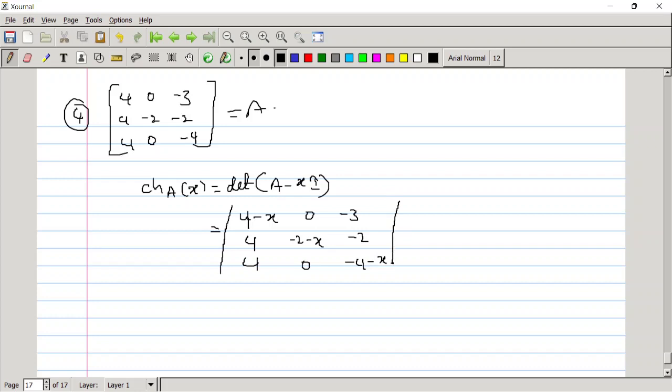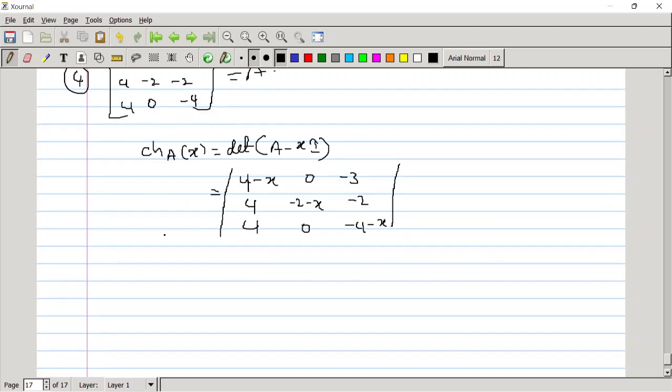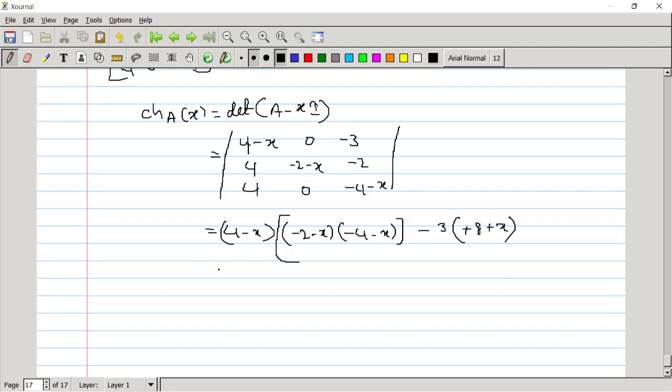You all know how to calculate the determinant of this matrix. This is nothing but 4 minus x times minus 2 minus 6 into minus 4 minus x, minus 3 times minus 8 minus x. Sorry, this is plus, right?